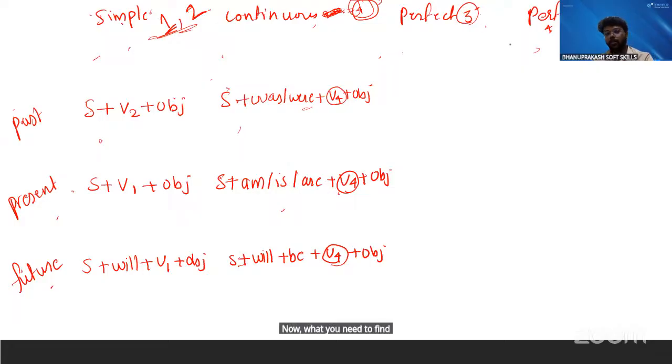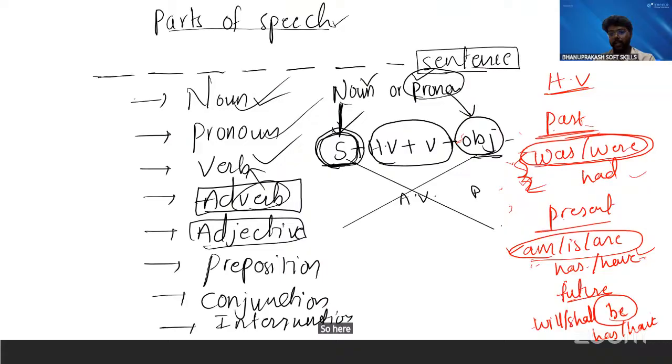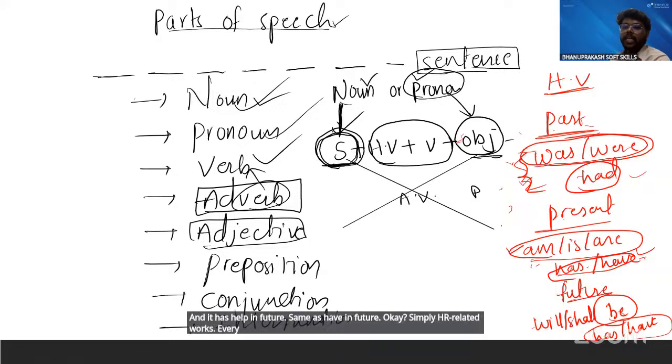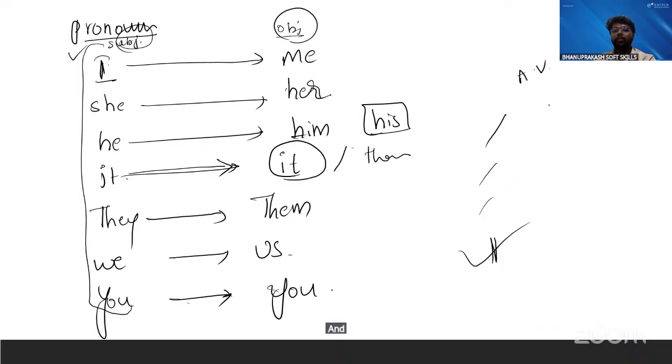The helping verb. So here you can observe H related words. Had in past, has, have in present, and has, have in future. Same has, have in future. Okay. Simply H related words. Every helping verb which starts with H. And we already have the verb form.